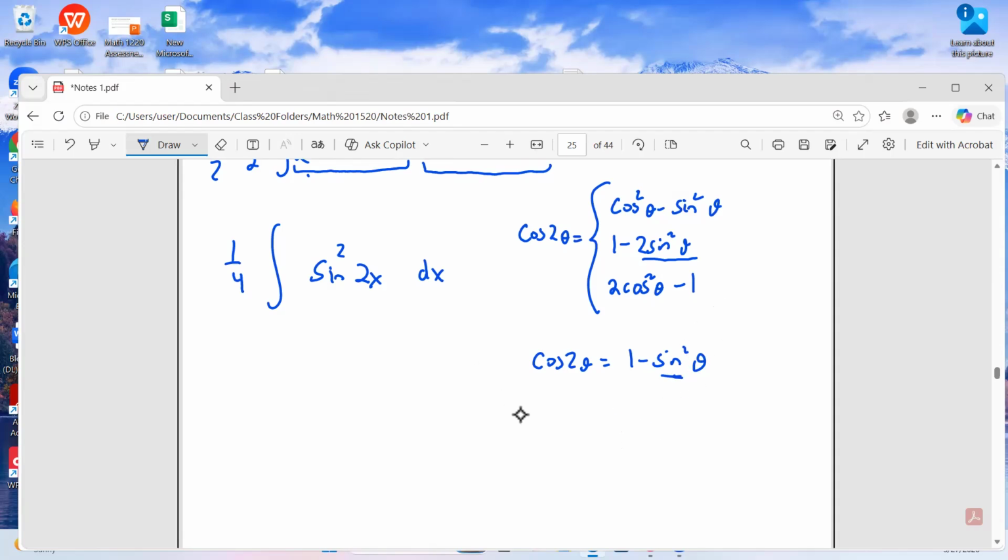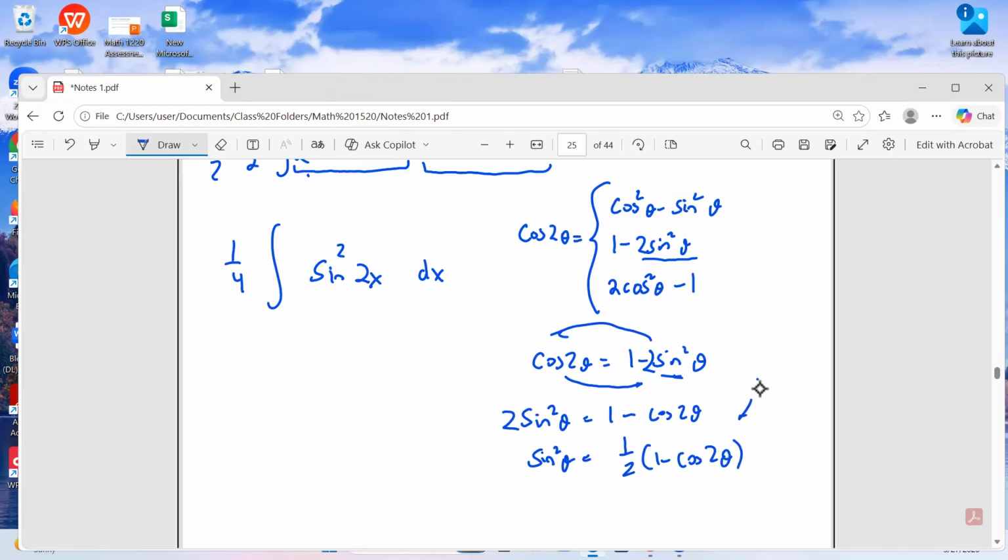I'll put the cosine of 2 theta on one side and the sine squared theta on the other, with my algebra. There's a 2 in here somewhere. So we have sine squared theta is equal to 1/2 times (1 minus cosine of 2 theta). This is your power reduction formula.